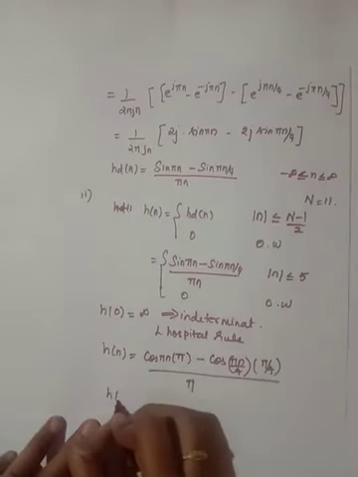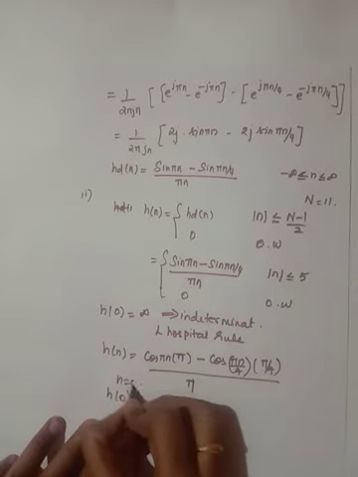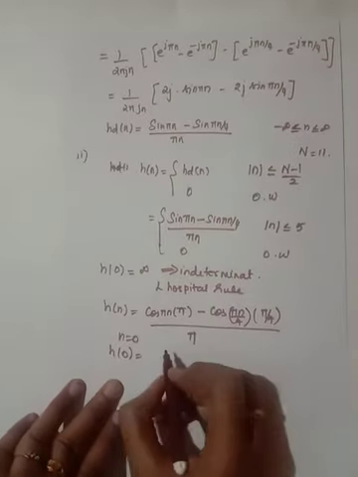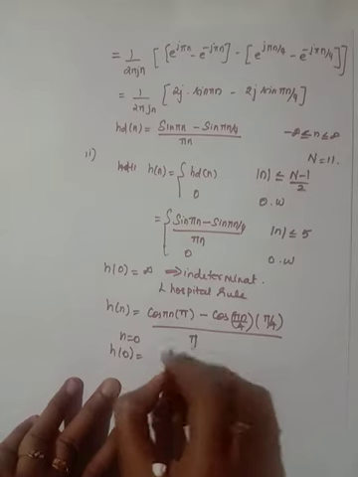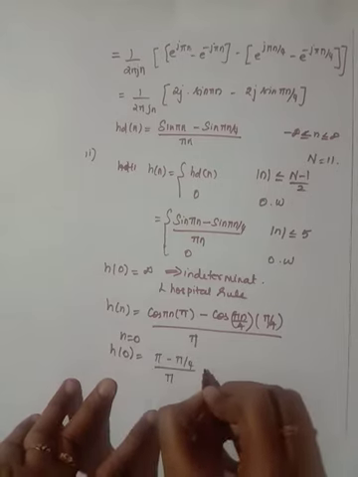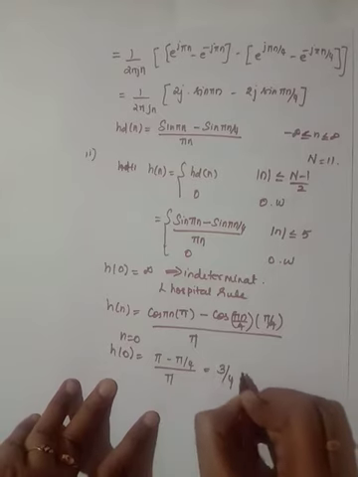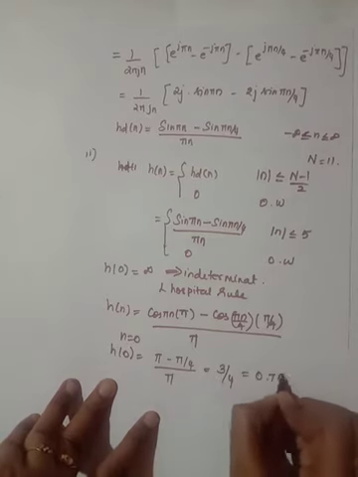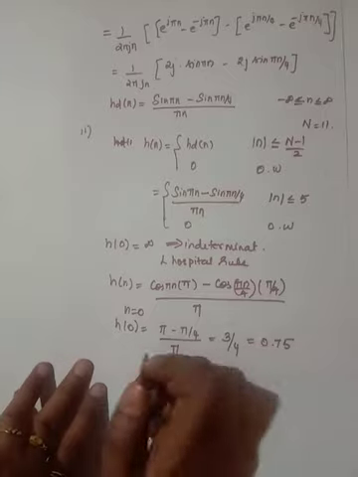Now we substitute n is equal to 0 in this case. So cos 0 is 1. So pi minus pi by 4 divided by pi. So what you will get is 3 by 4, which is equal to 0.75. So this is the value of h of 0.